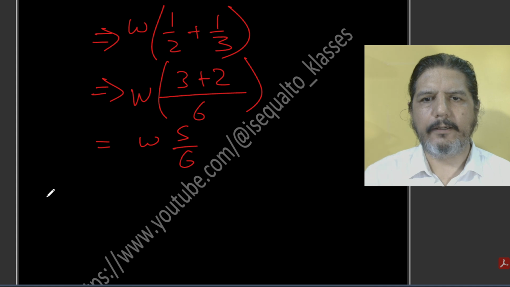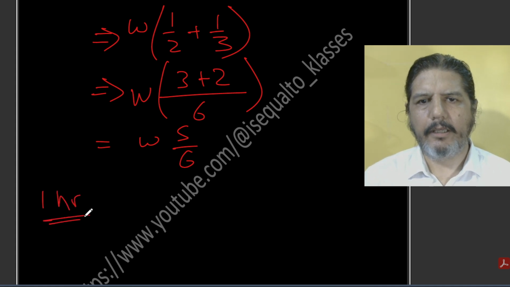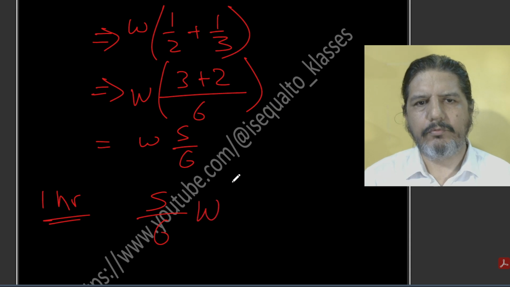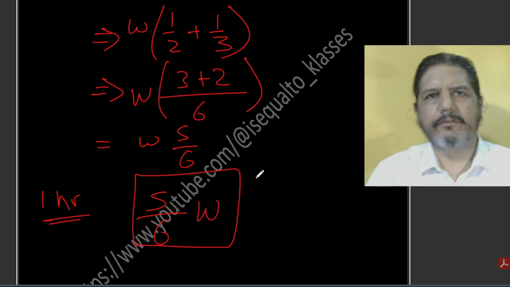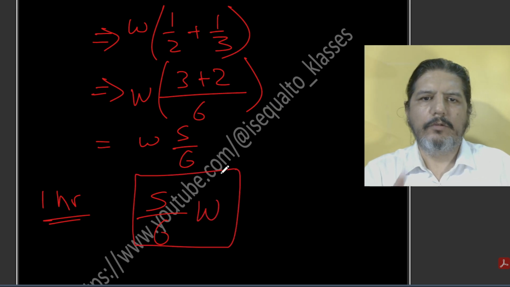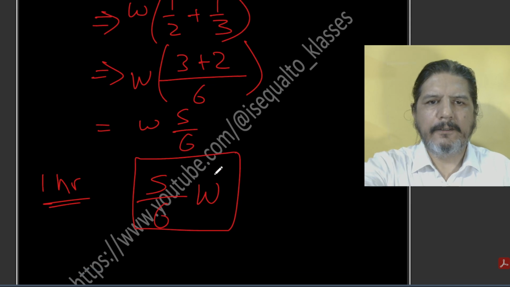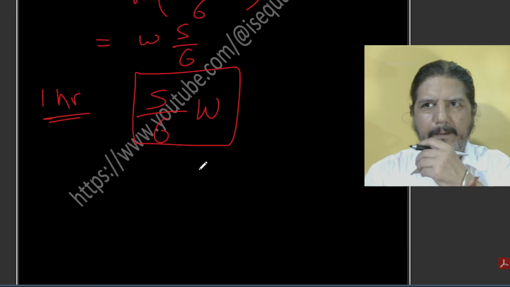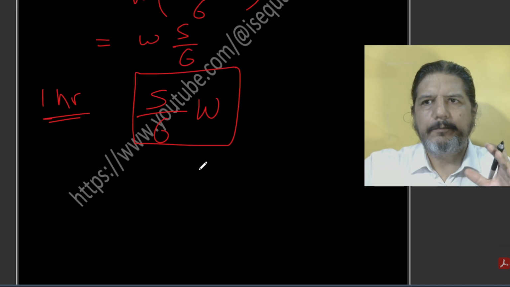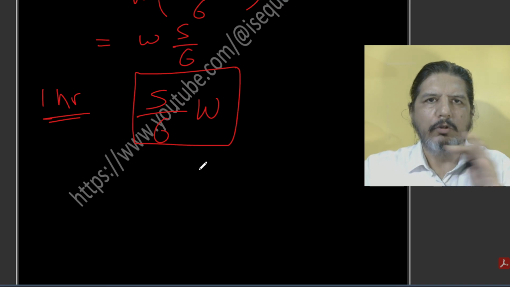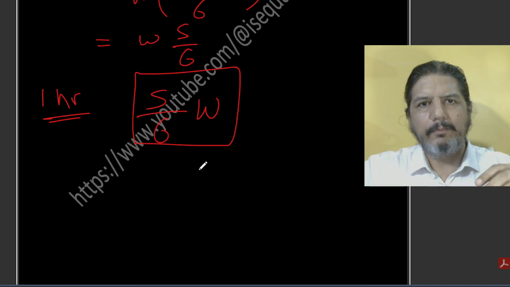So in 1 hour, if both of you are working together, you will complete 5 by 6th of the work. Now, let me ask you, if both of you are working together and you have to complete the work, how long will it take?